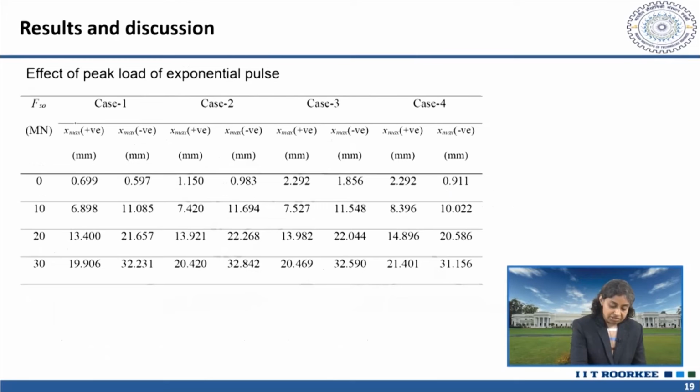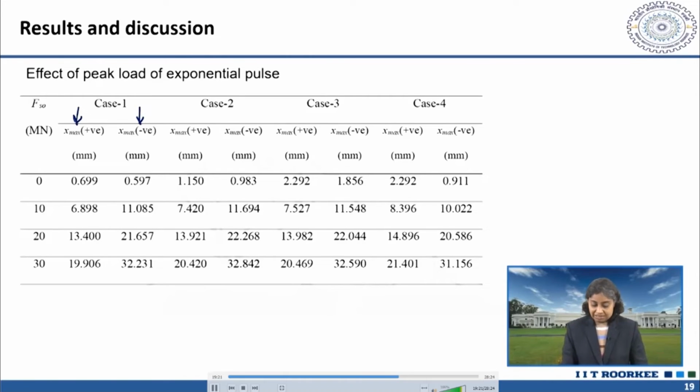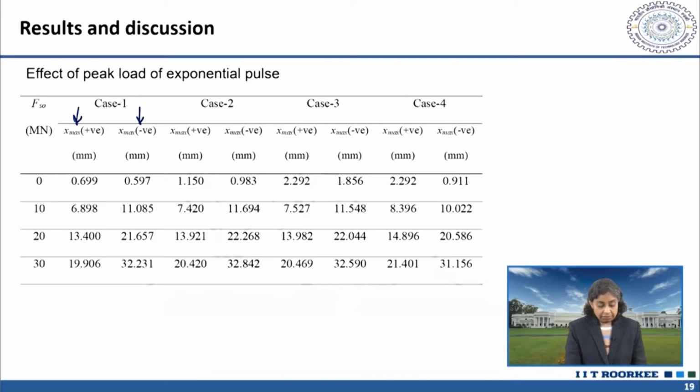This is the maximum positive displacement for case 1, and this is the maximum negative displacement for case 1. Here it is a very clear situation that not only the maximum positive displacement, but the maximum negative displacement also increases with an increase in this parameter, which is the peak load of the exponential pulse.